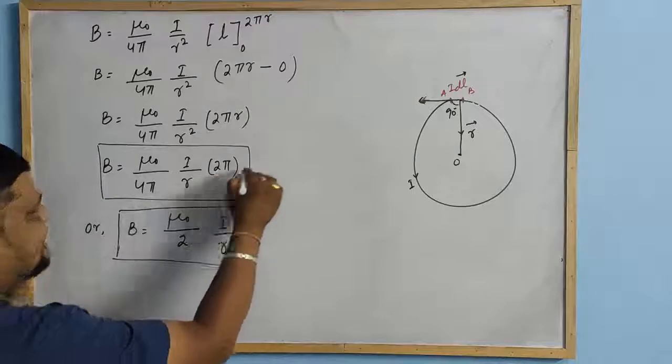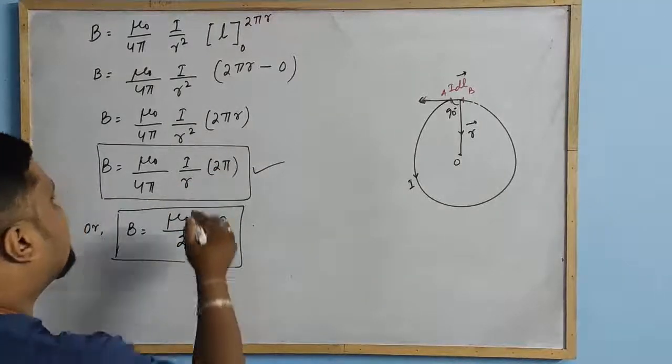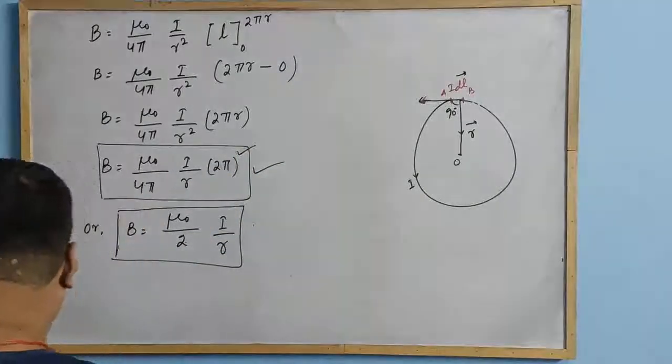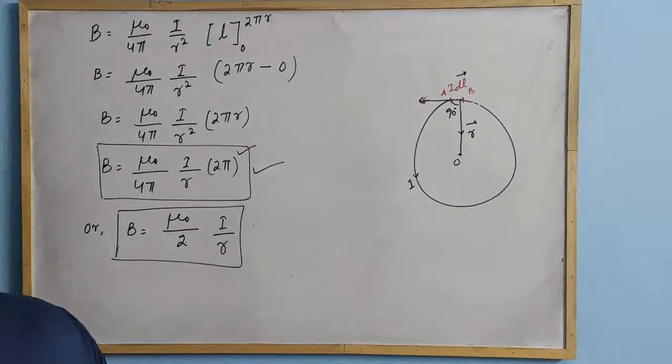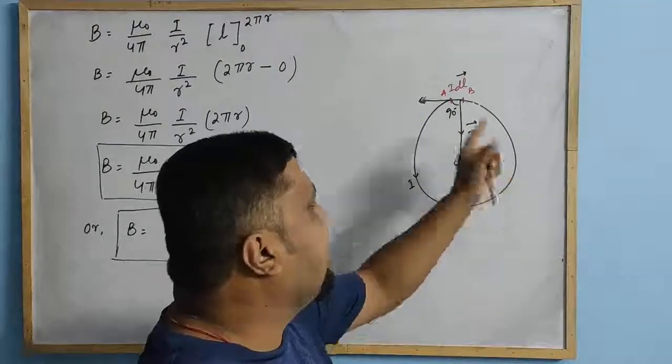I will take this expression, or you can take the other, the same thing. But why I have taken this, I will tell you later. Clear? So this is the magnetic field at the center O due to the current carrying coil.